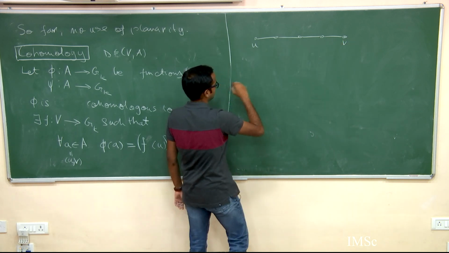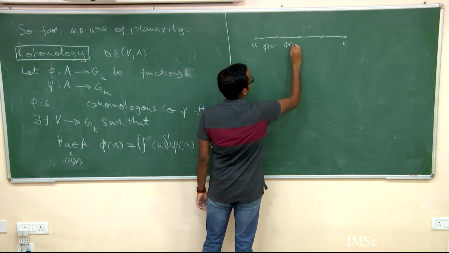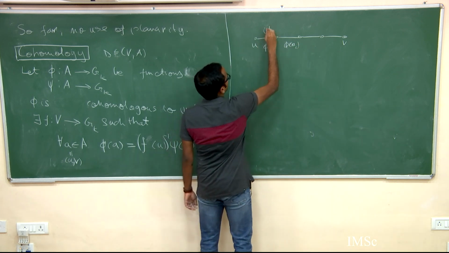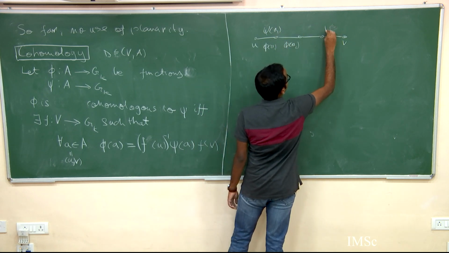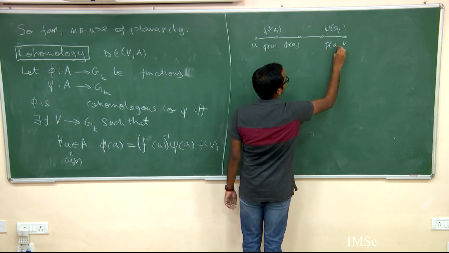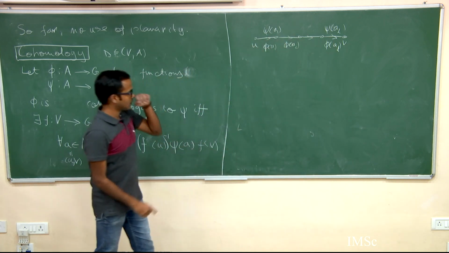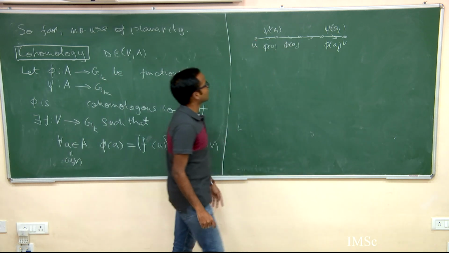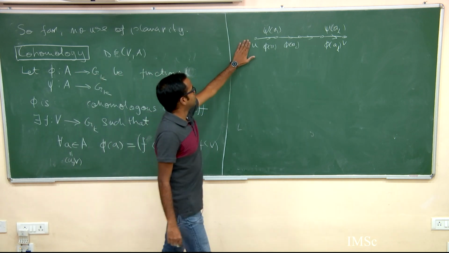and you have some phi of a1, phi of a2, and you also have psi of the arcs. So you have this path and you look at the arcs along that path and you look at this function.